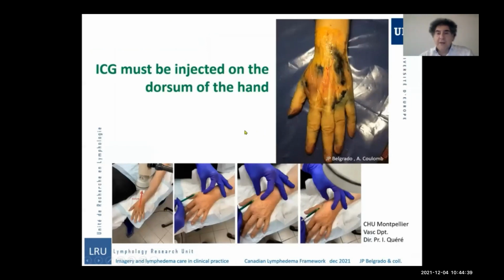So where should we inject? Now, contrary to the injection that is done with lymphoscintigraphy when radioisotopes are used, in this type of examination the injection is done in the interdigital space.